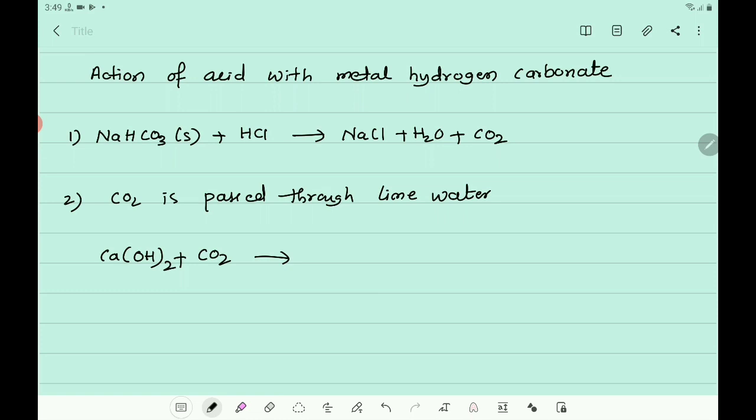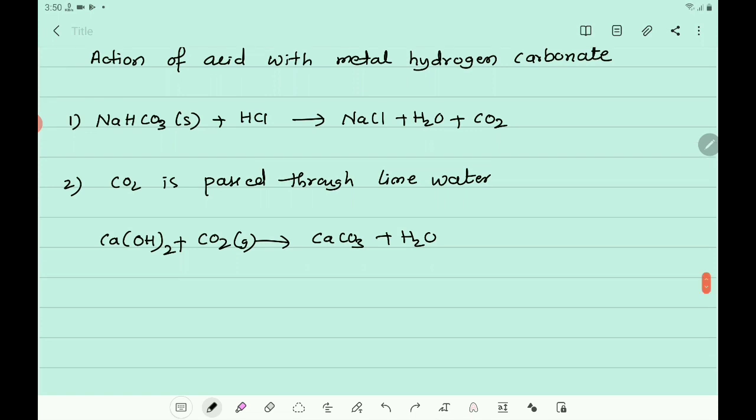Then what you are going to get, that is CaCO3 plus H2O. This is a gas. This is aqueous solution. Then you got a milky precipitate of calcium carbonate.